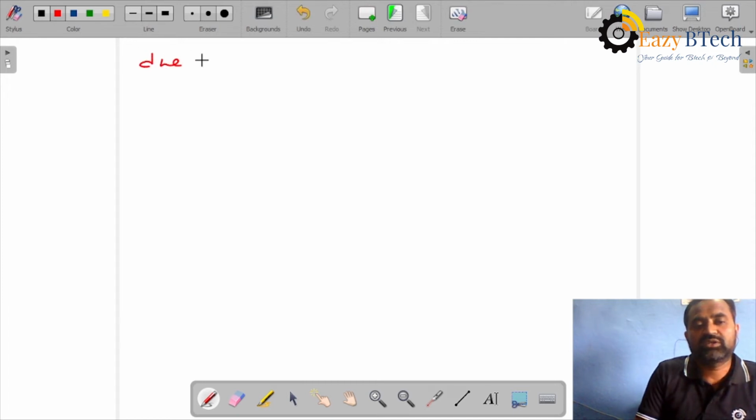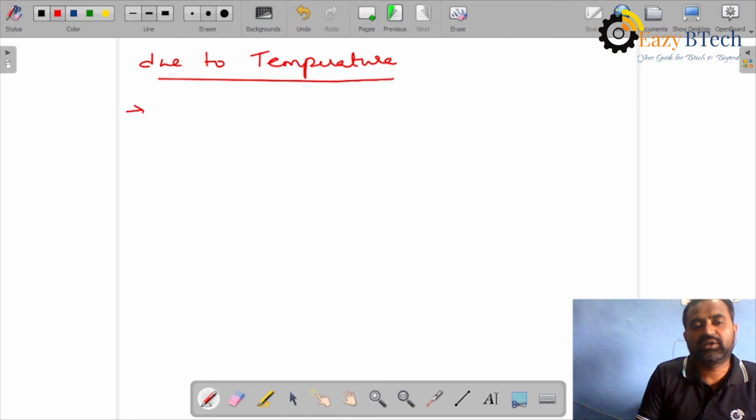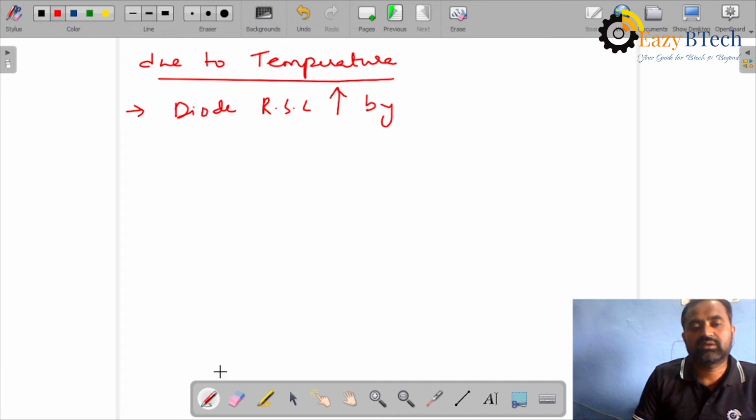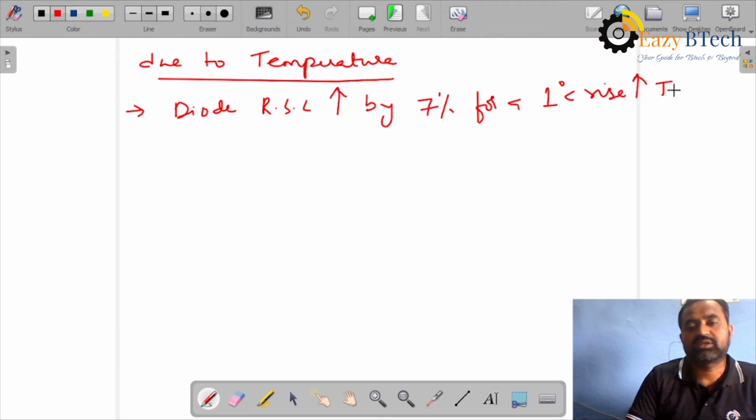Due to temperature, first in the diode, the reverse saturation current increases by 7% for a 1 degree rise in temperature.